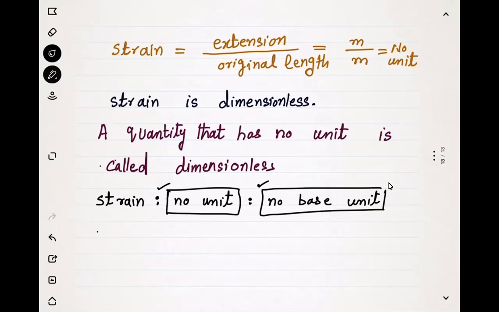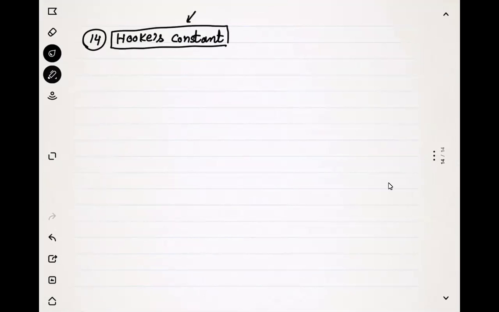Number 14 and 15 are the quantities that we have to study in detail. So they're very important and very conceptual. Number 14 is Hooke's constant. At your level of physics, sometimes instead of focusing on the concept, we focus on the understanding.